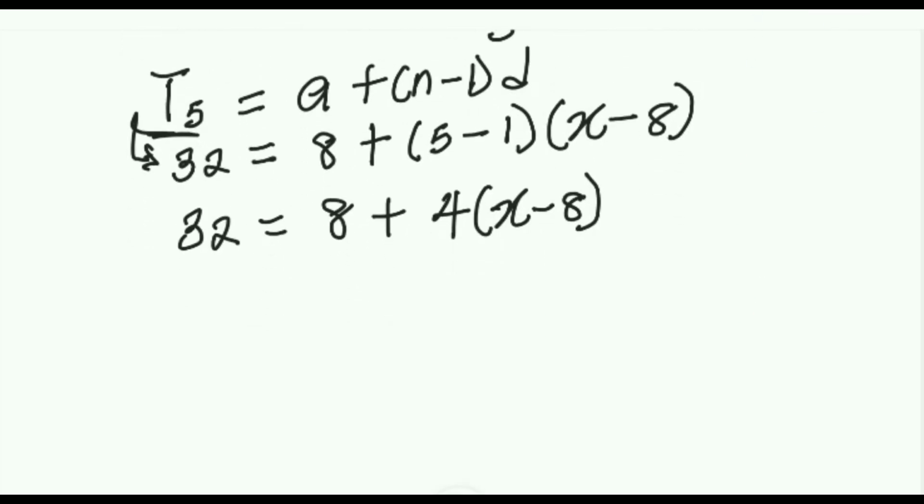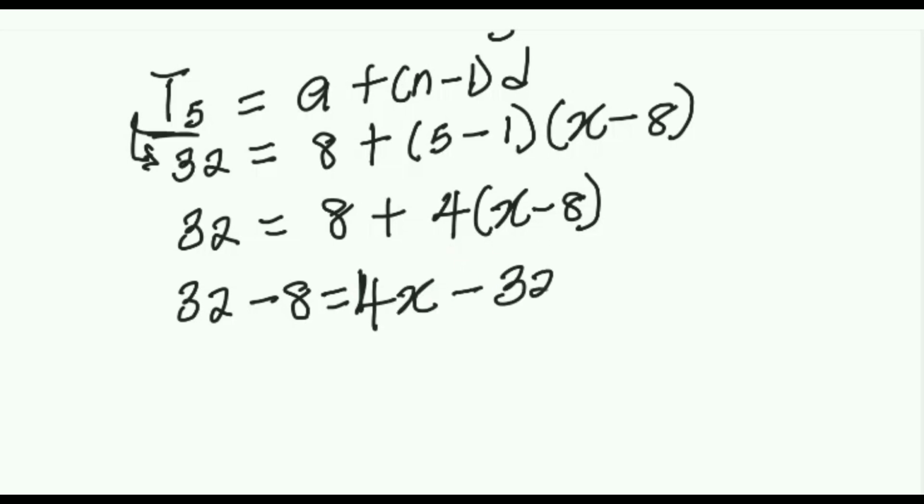Okay, so let's continue with this. When you take 8 to the other side, it becomes 32 minus 8 equals 4 times x minus 8, that's 4x. 4 times minus 8 is minus 32. So we can rearrange this. When this minus 32 crosses the other side, it becomes plus 32.